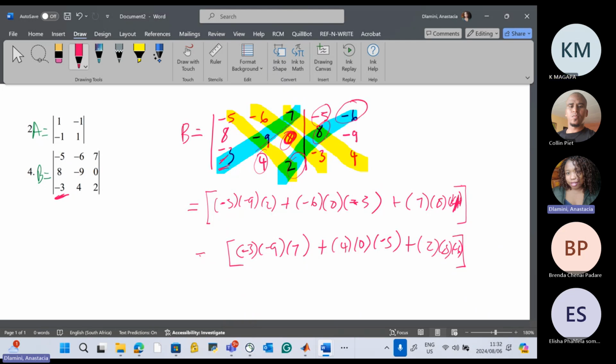Okay, let's do that now. And remember, it's a minus here, not a positive. The yellow ones are minus the blue parts.